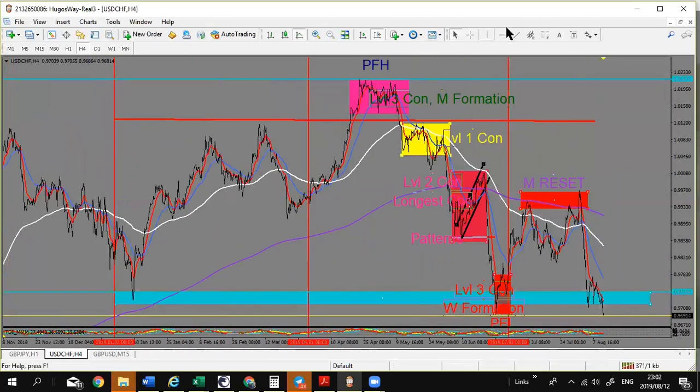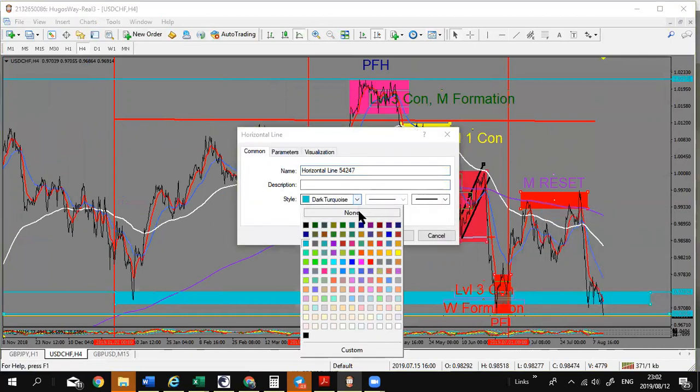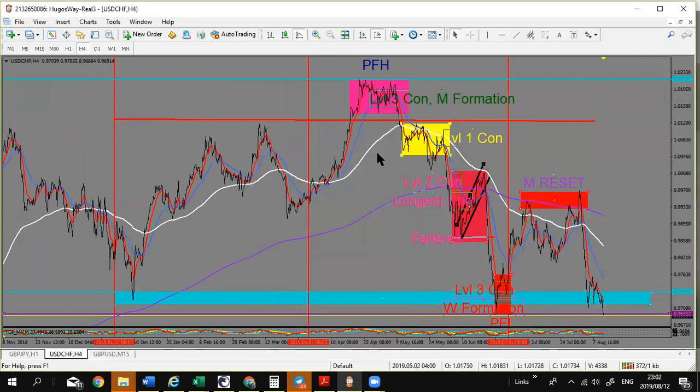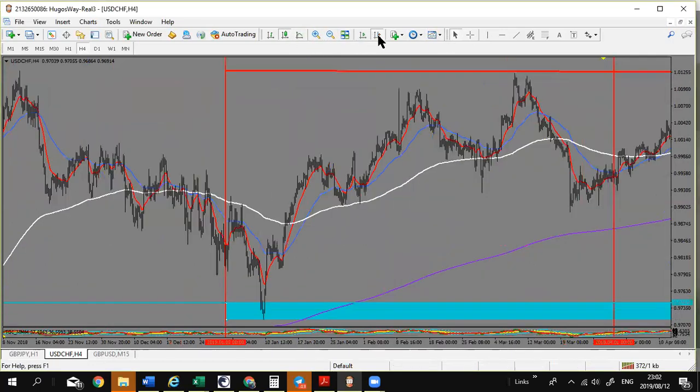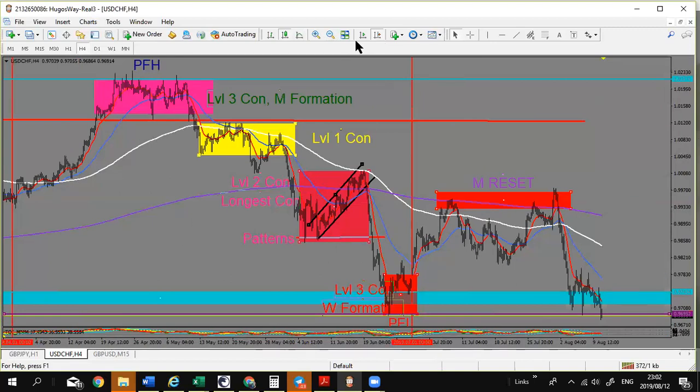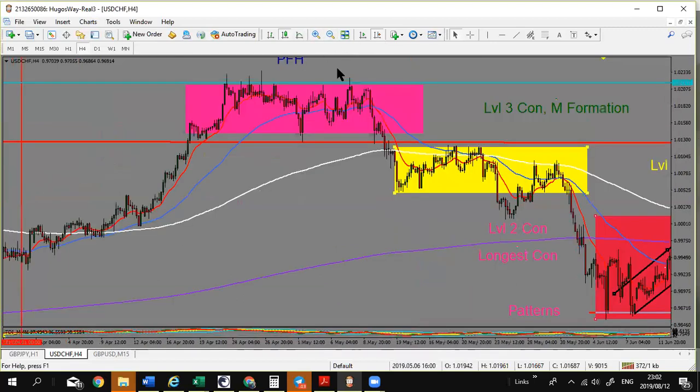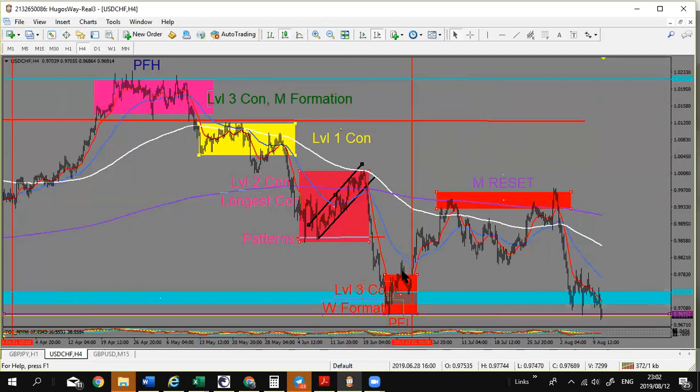if they don't hold this level, there's either two potentials now. It's either they better hold this level at this point, and look how they just rejected this point.